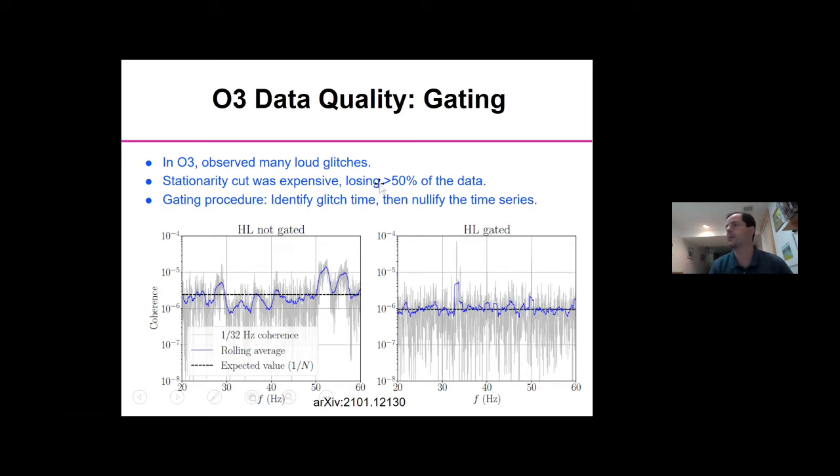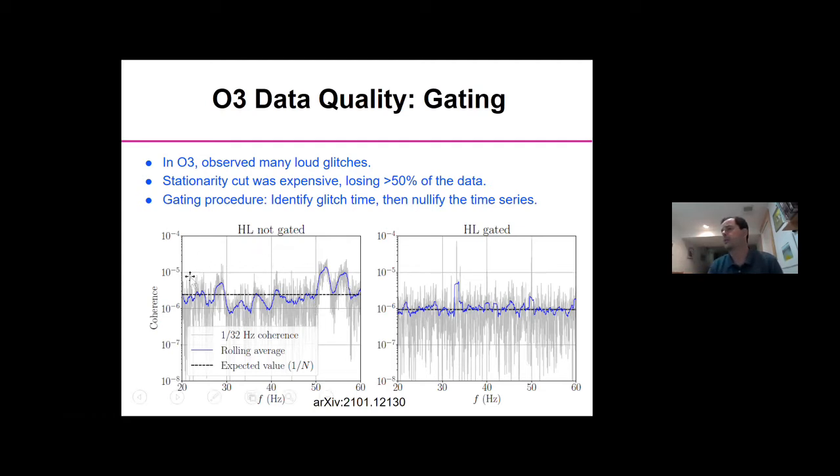But that ended up removing almost 50% of the data, so a non-trivial hit in our sensitivity. To avoid that, we applied a procedure where we identify these glitches and replace the data with zeros during the glitch time, so as to effectively remove it, and then perform the stochastic analysis on this cleaned up data.